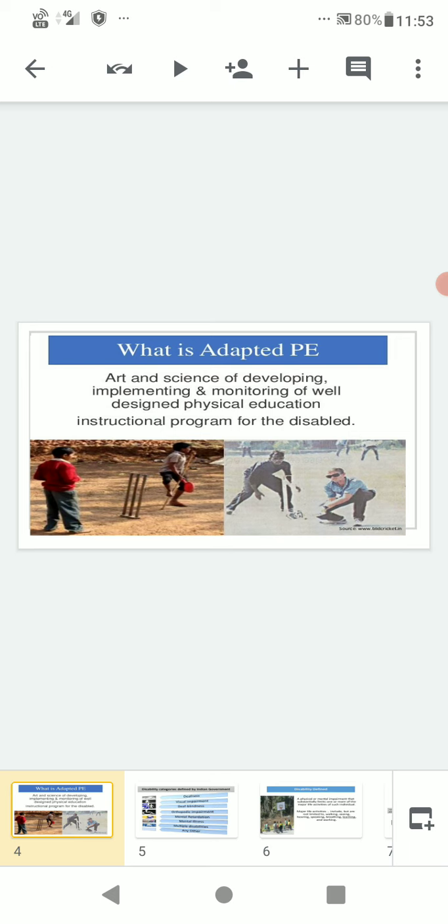Number 2 is develop motor skills. Another significant objective is to develop motor skills of the students with disabilities. Motor skills are essential for performing not only specific tasks but daily routine activities also. These skills enable physically disabled students to become active and agile.